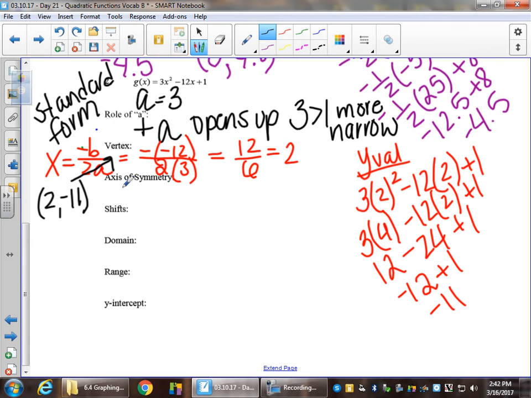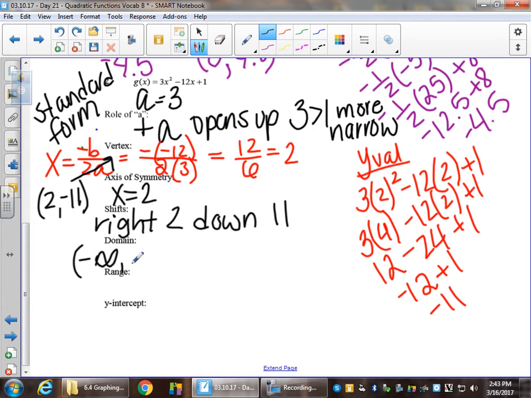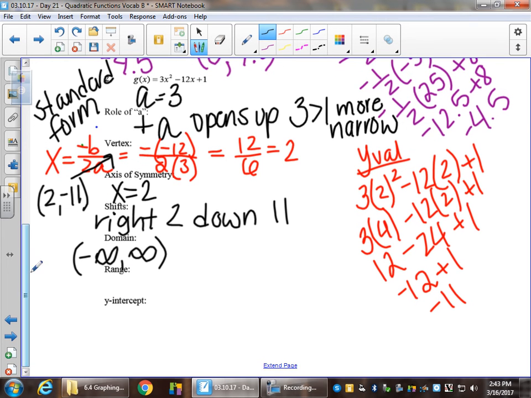Again, our axis of symmetry is our x value of our vertex. X value is 2. To describe our shifts with our vertex, we would be going right 2, down 11. Our domain is always negative infinity, positive infinity. To determine our range, we have to look at our a value. My a value is 3, which is positive.